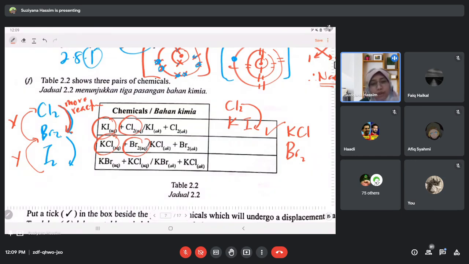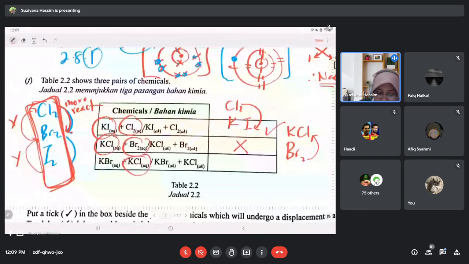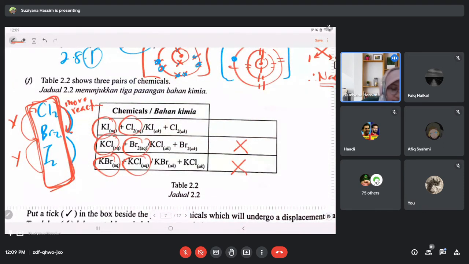Teacher nak bagi budak faham, teacher buat position macam tu. Jawapan dia no. Basic concept ni. So this one confirm lah tak boleh. Kan? Alright. So the answer is this one.